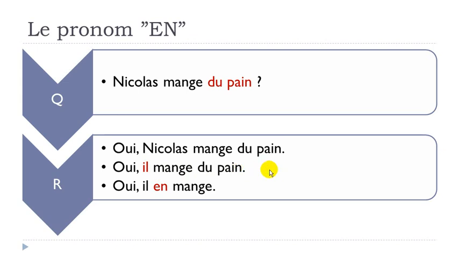So that's the first step. The second step, you want to replace this du pain. So this partitive thing, and that's when this pronoun en is used. All right, so oui, il en mange.